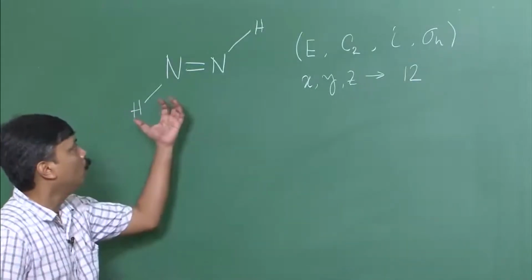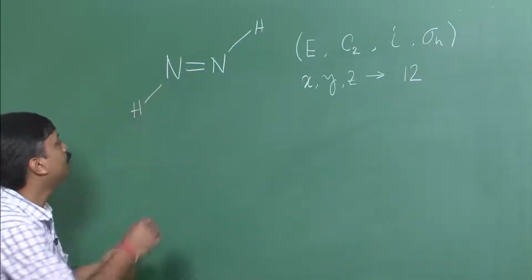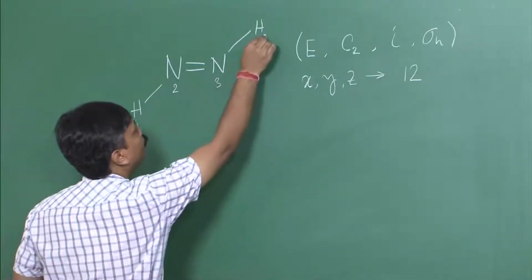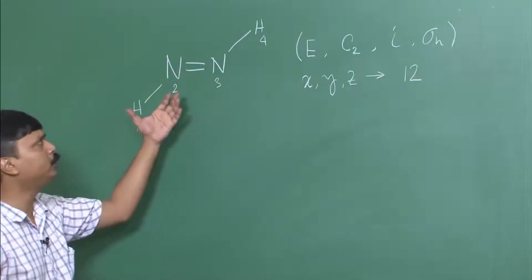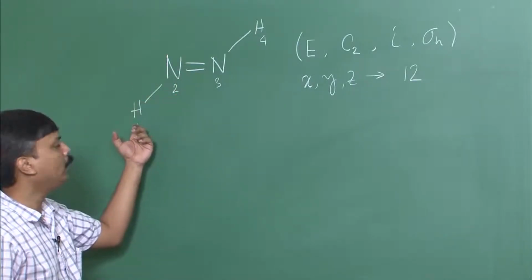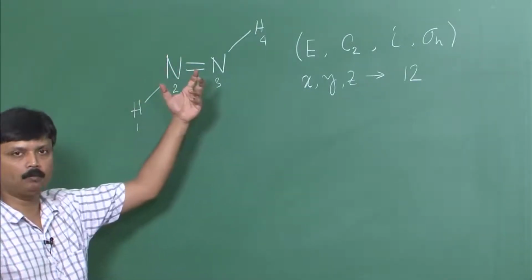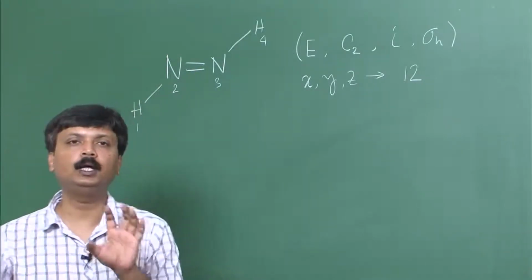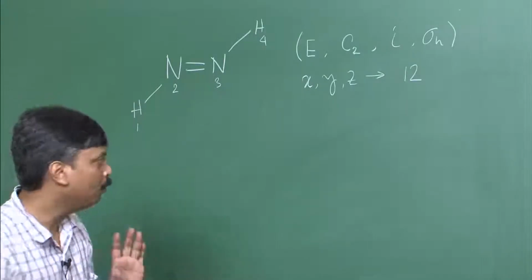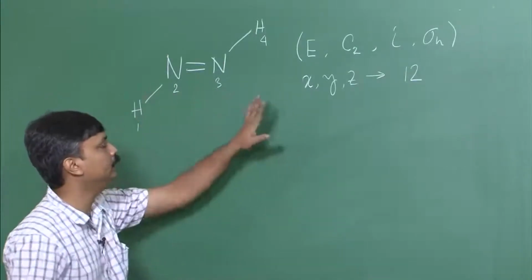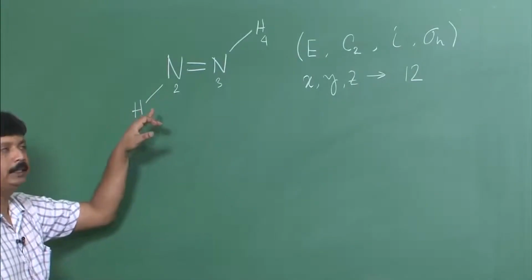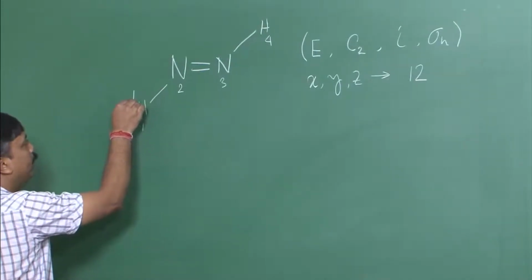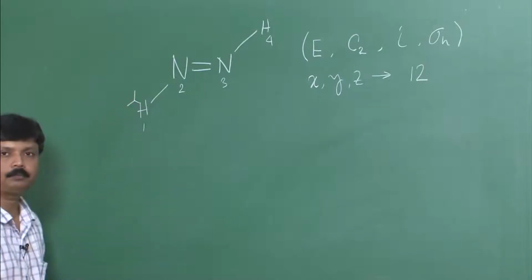So if I mark the atoms 1, 2, 3 and 4, upon a symmetry operation, if one is shifted to some other atom, then it will not contribute anything to the overall character. Now my basis functions here are x, y, z, so on this atom I have 3 basis functions, x, y and z.